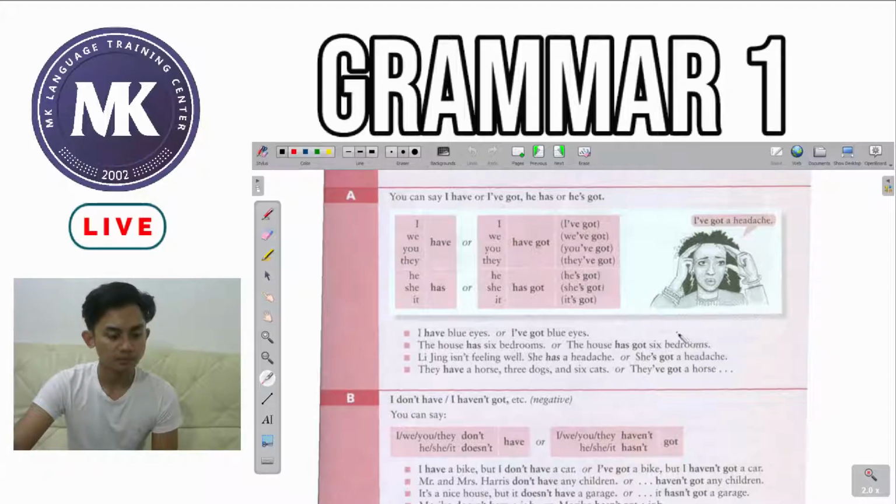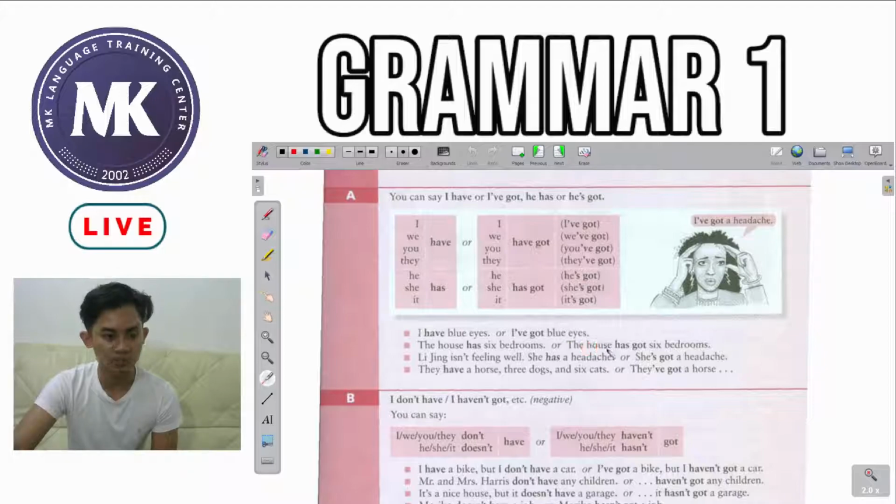Okay, so the next sentence is, the house has 6 bedrooms, or the house has got 6 bedrooms. Why do we use has here instead of have? Okay, so we use has here because we're referring to the house.